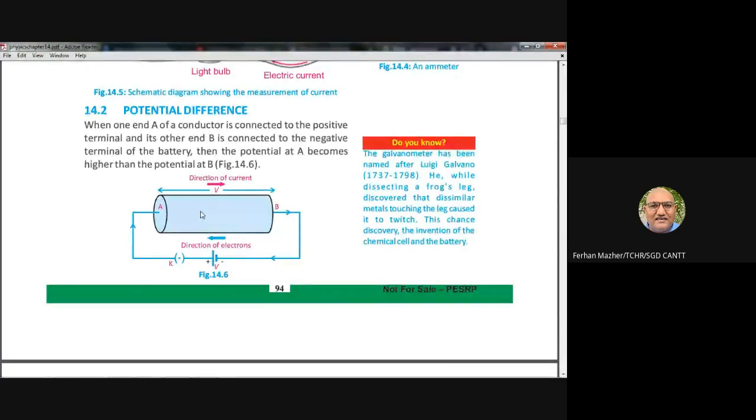What happens when the current flows through this resistor? The electric energy converts into heat. So that is a rule. In ideal cases, the current which comes from here has a lot of electric energy in it. When it passes through this resistor, that electric energy will be converted into heat energy.